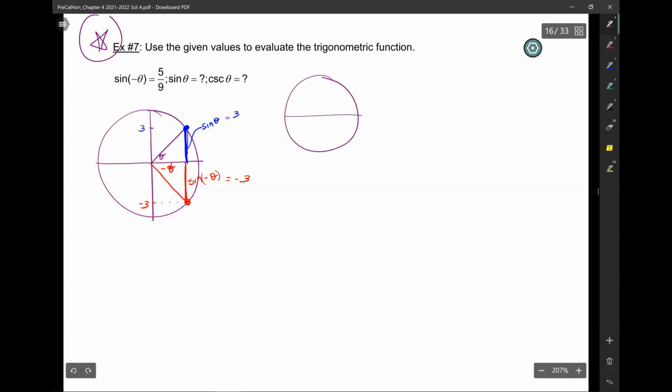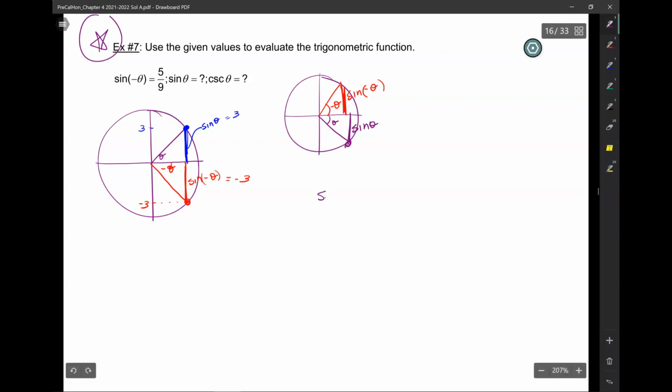What if this is theta? Negative theta is the opposite angle. So where is that? Above it. But again, if this is the sine, that's the y value, and now this is the sine of negative theta. What happens to the y value? It changes sign.